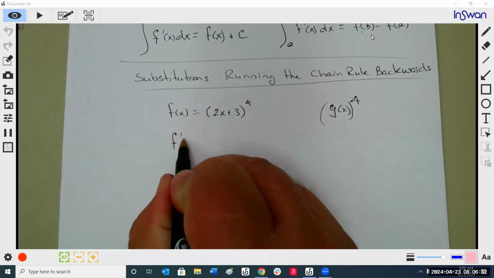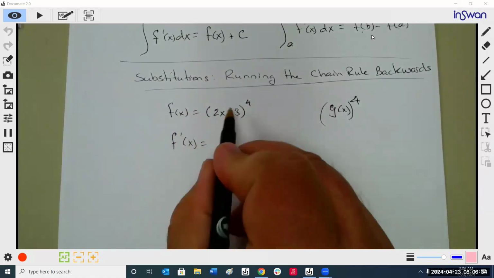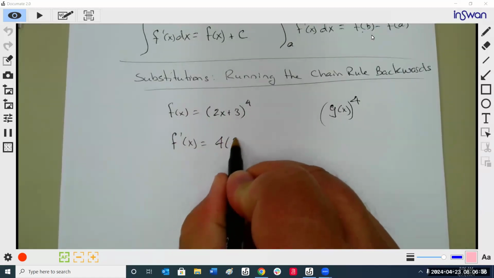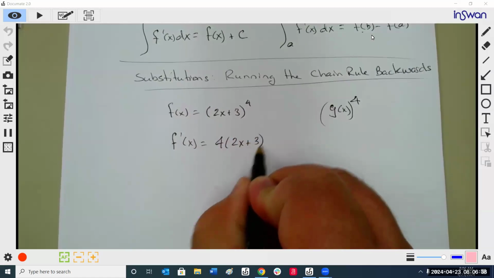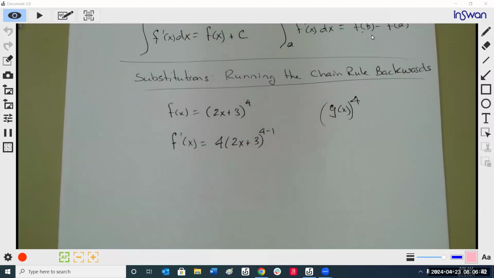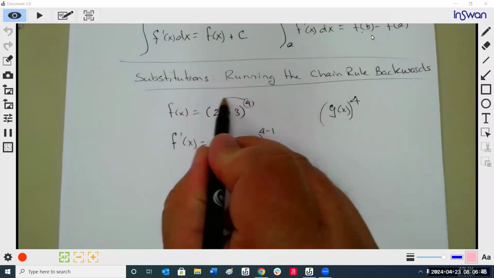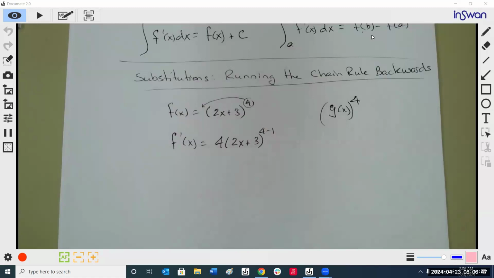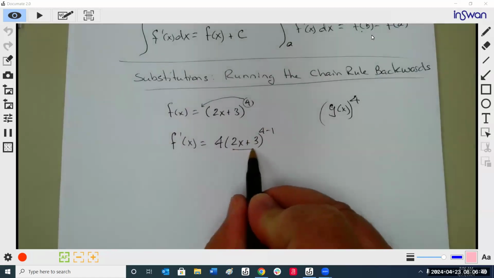So the chain rule tells us let's take the derivative of the outside first. So it's 4 minus 1. Remember, the power comes down first and subtract 1. Then we take the derivative of the inside.